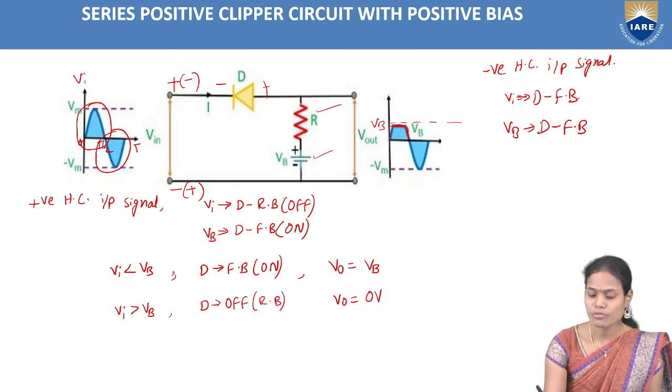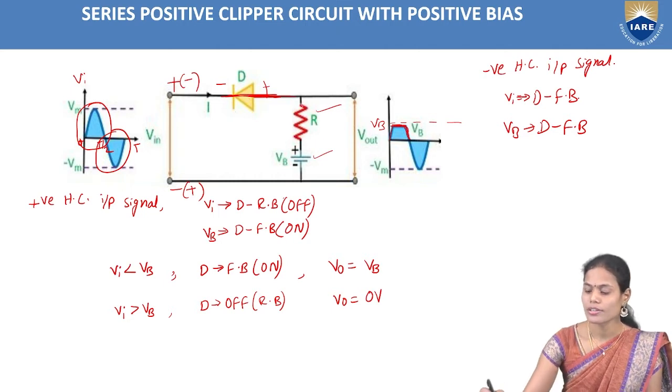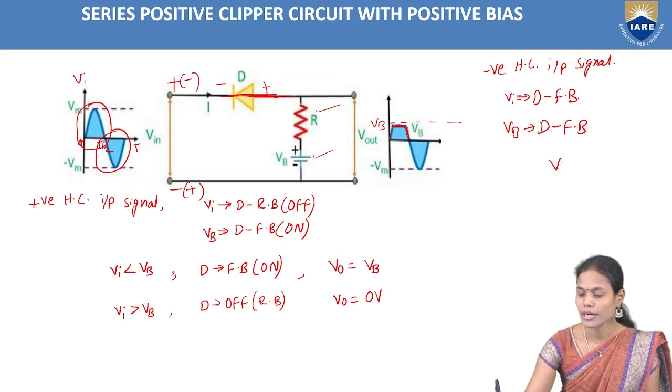Okay. So once the diode is in forward bias condition, it will conduct. There is no drop across the diode here. So the total voltage will appear across the resistor R. That is, output voltage equals input voltage. What is my input voltage here? Minus Vm.